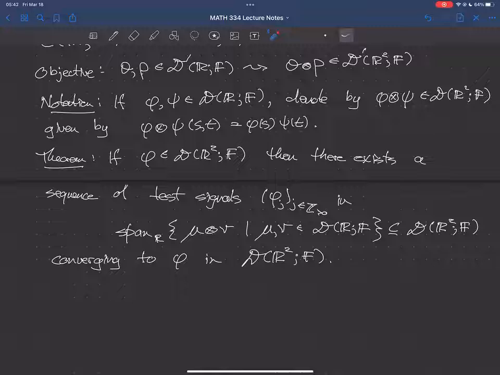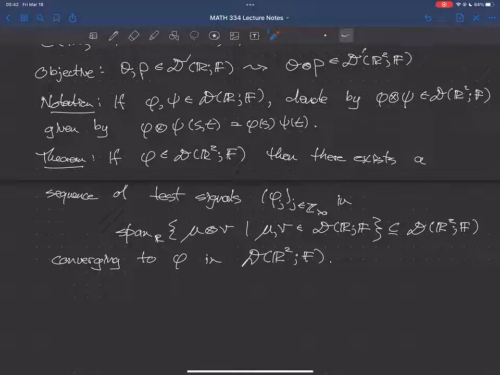This is rather non-obvious, and in fact there are multiple ways to prove this theorem. One way to prove it is to use convolution, and so you construct these phi j using convolution.